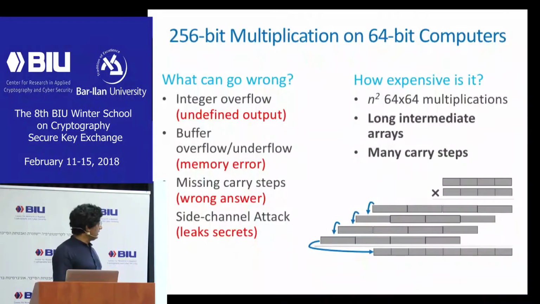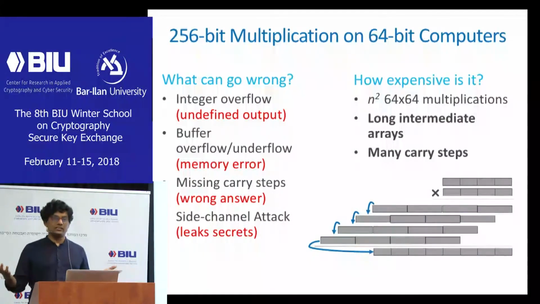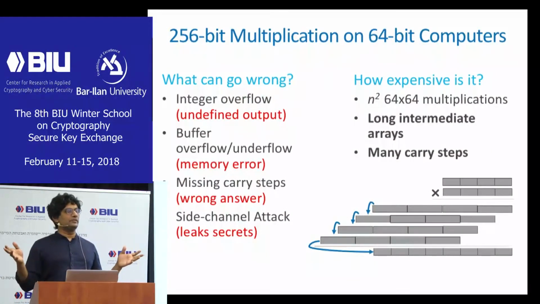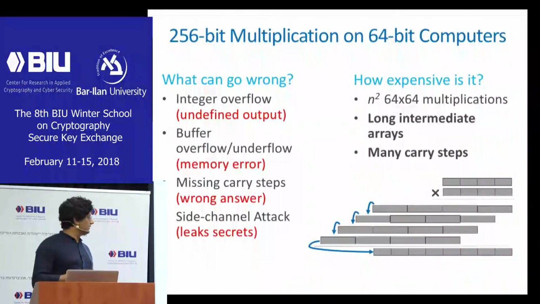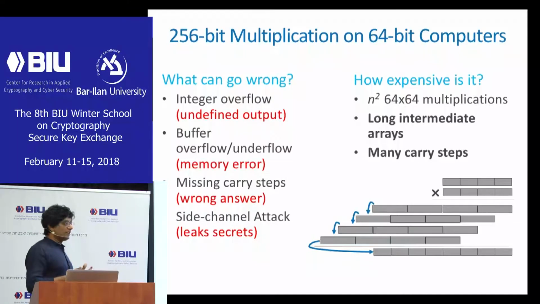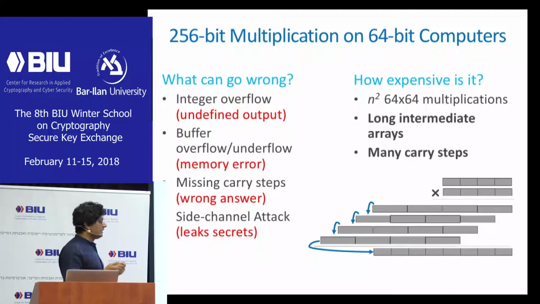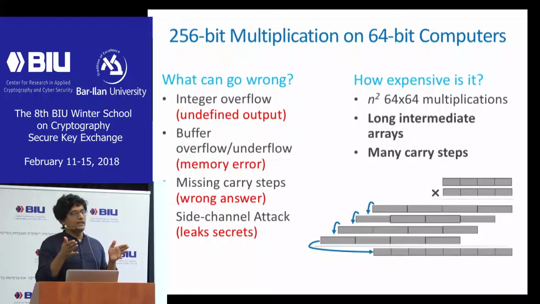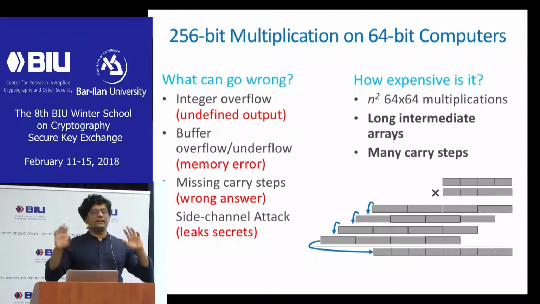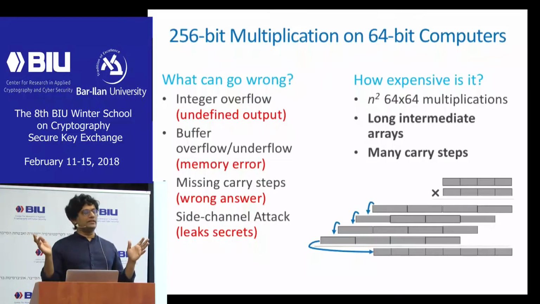And what can go wrong? Well, since you have lots of arrays, these Bignums are no longer just numbers, they're arrays, right? And you're going to have to allocate these arrays, deallocate these arrays, manipulate them, and so on, you could have all kinds of errors happening. So when you're multiplying two numbers, suppose the result does not fit within 64 bits, you have an integer overflow, right? And an integer overflow in certain languages is undefined behavior.